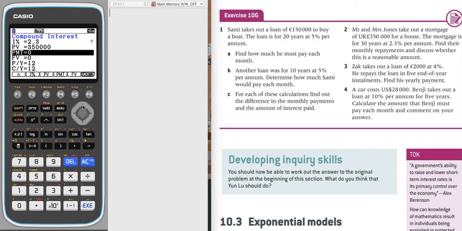Comment if it's reasonable. Well, depends what you can afford. So what is the payment? So they'll have to pay £1,346.80. Is it reasonable? Depends what the rental market is, and depends how much upkeep the house needs and all that stuff, house taxes.